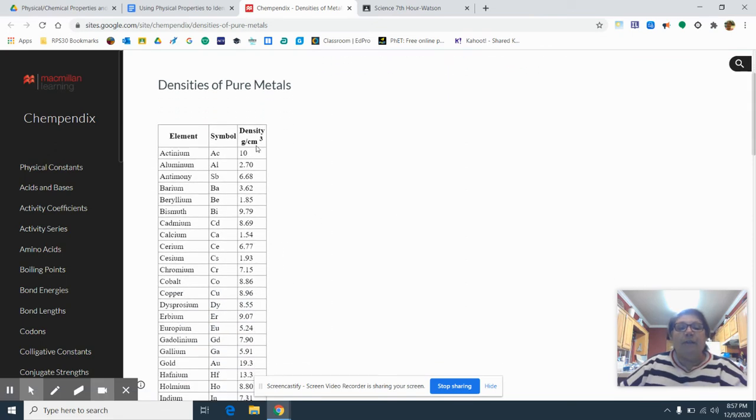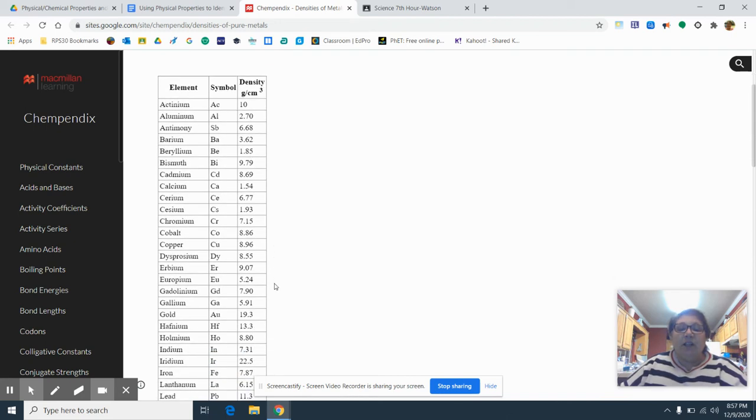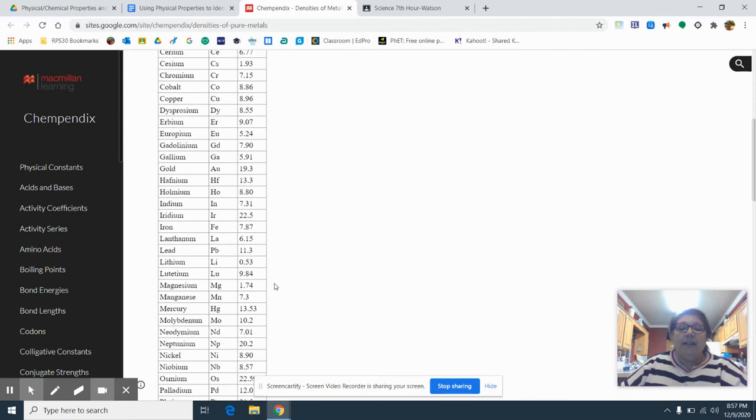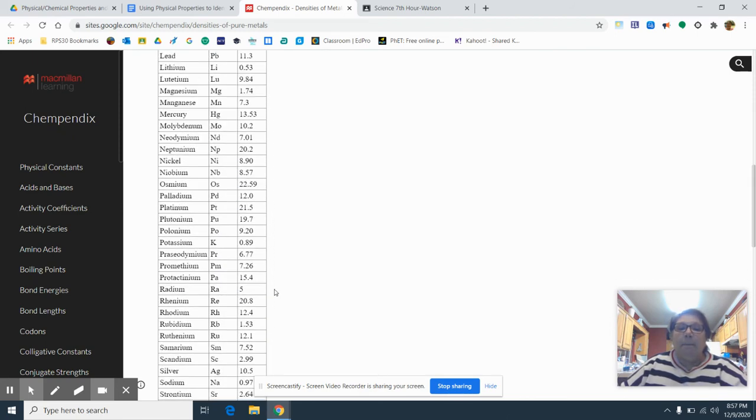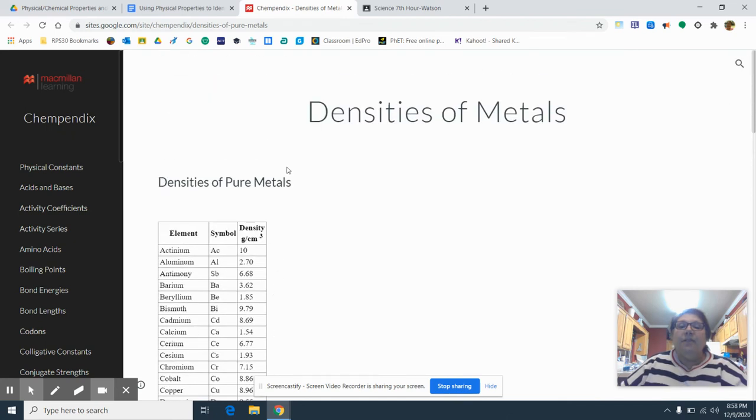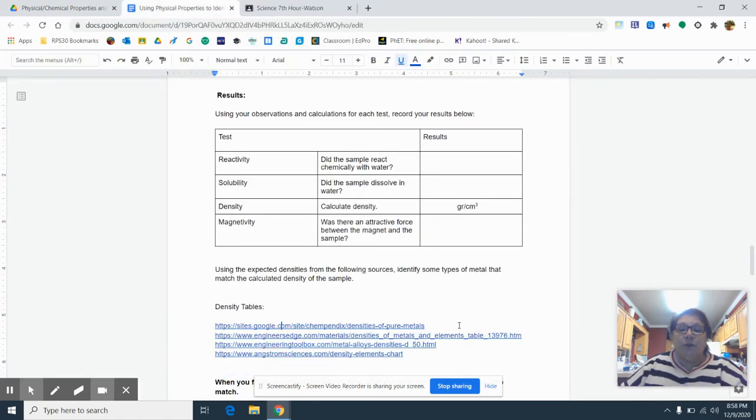You're going to try to find the density on this table that is close to the density that you found. Okay? And this is where you guys are going to stop the tape and just do what he tells you to do. Okay, here's another one.